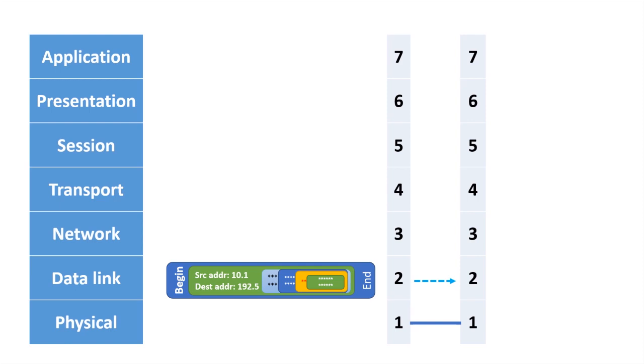Logically, we're going across to the peer layer, and here, just as an aside, the peer layer will be the thing that sits at the other end of our connection. So if we are using a copper cable, it will be whatever router or destination machine is connected to the other end of this copper cable.